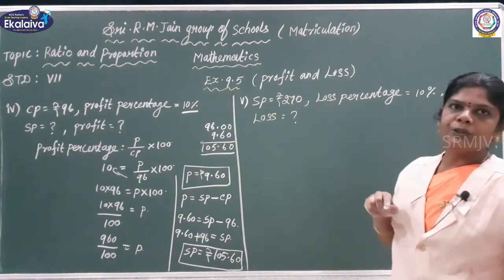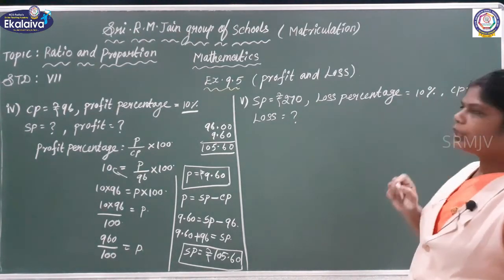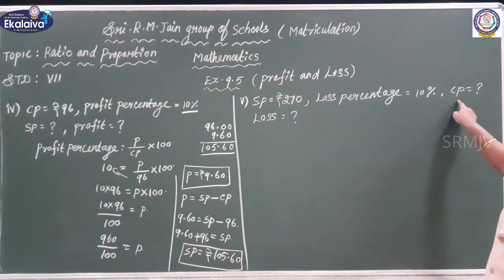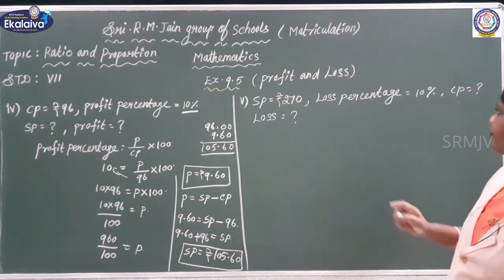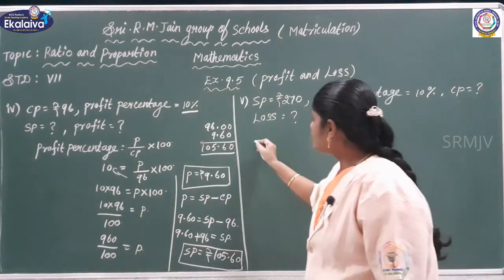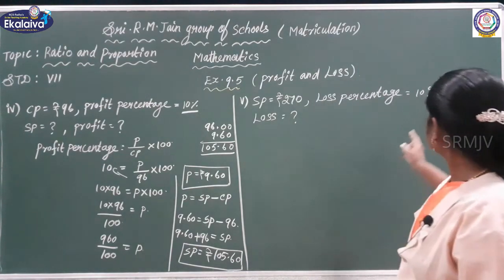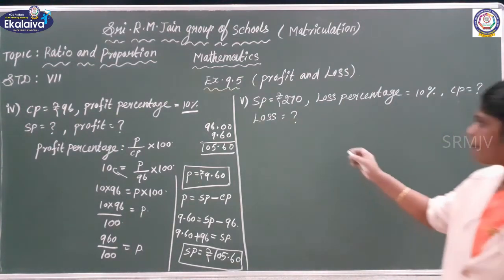Selling price equal to rupees 270 and loss percentage equal to 10. We need to find out cost price and loss. Okay. Here loss percentage is given. Okay. So the cost price equal to cost price and the loss we are going to find it. Okay.